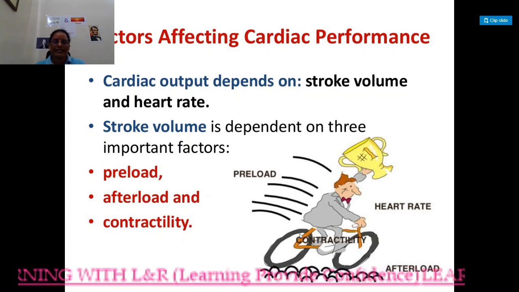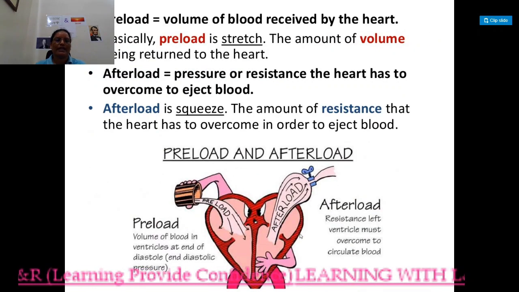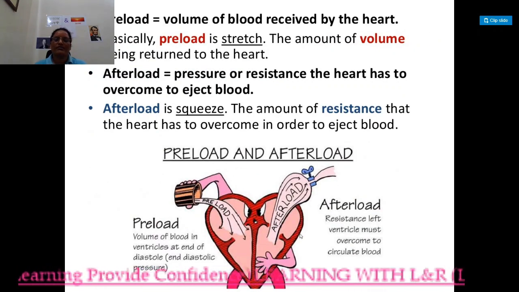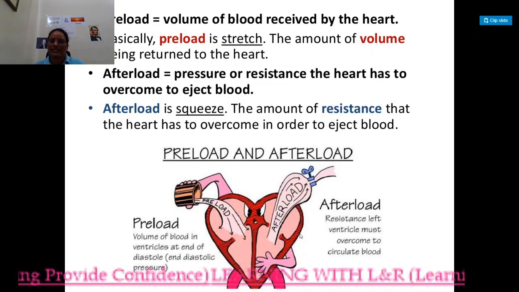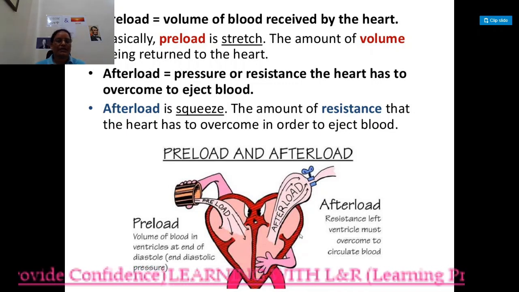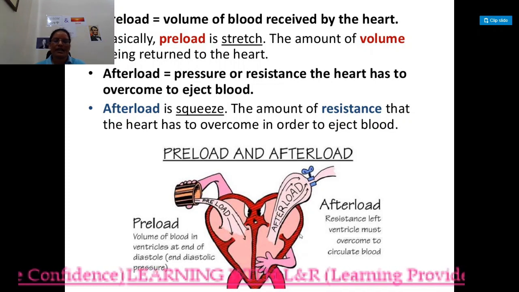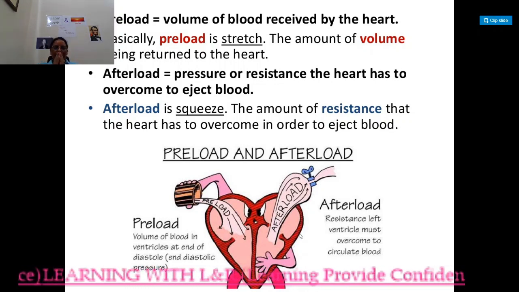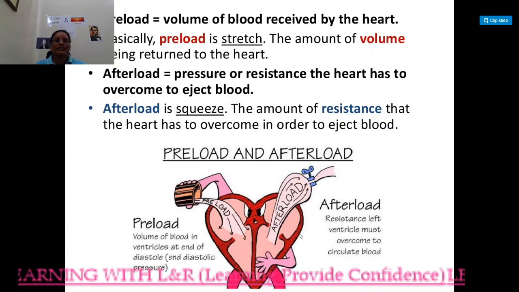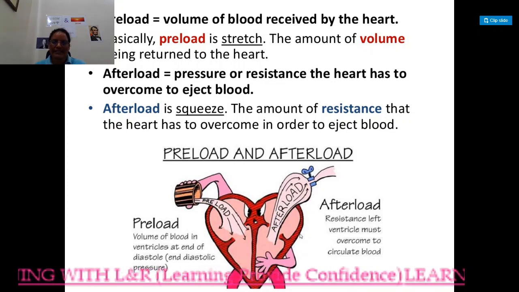Then contractility is when the heart contracts to push blood to the next level. Preload is the volume of blood received by the heart; basically preload is stretch, the amount of volume being returned to the heart. Afterload is the pressure or resistance the heart has to overcome to eject blood. And contractility is the squeezing.